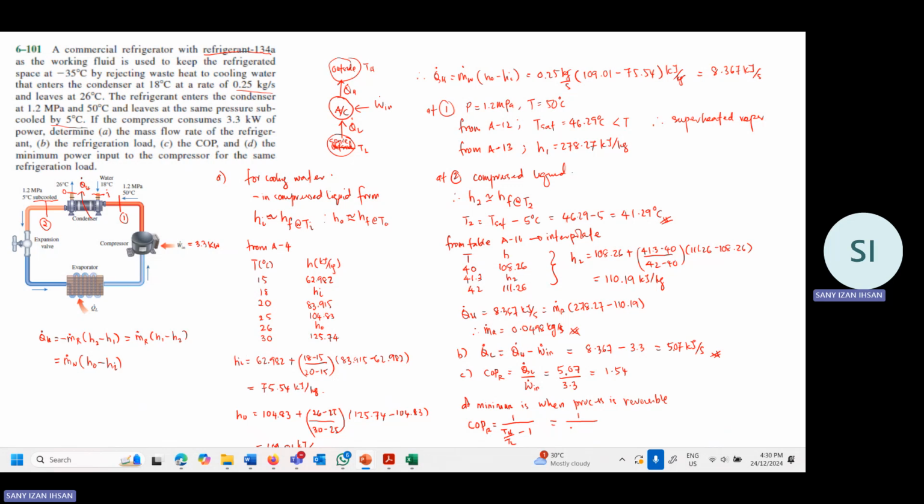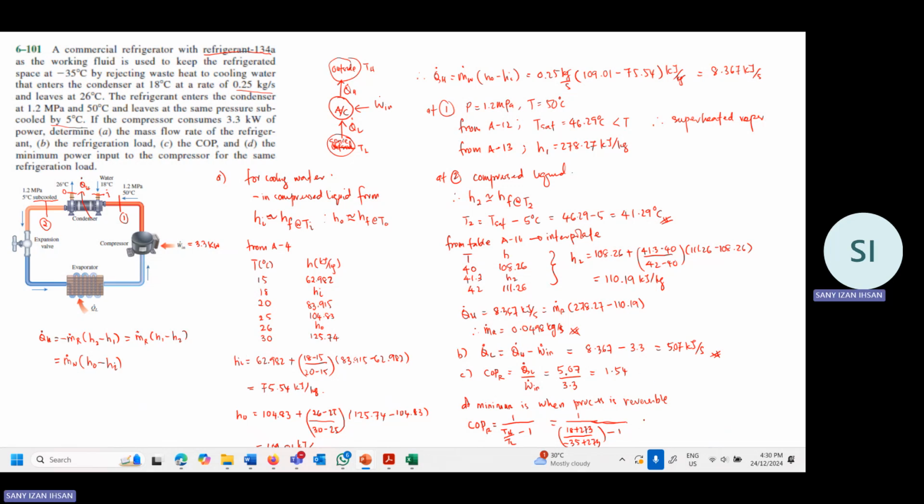And remember again, for COP and efficiency, you have to use Kelvin. So 18 plus 273 divided by minus 35 plus 273, minus 1. So that is your equation. So 1 divided by this relation.